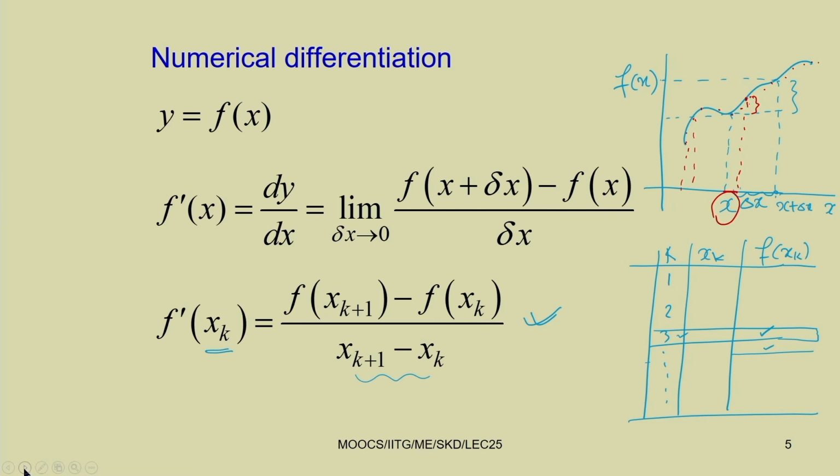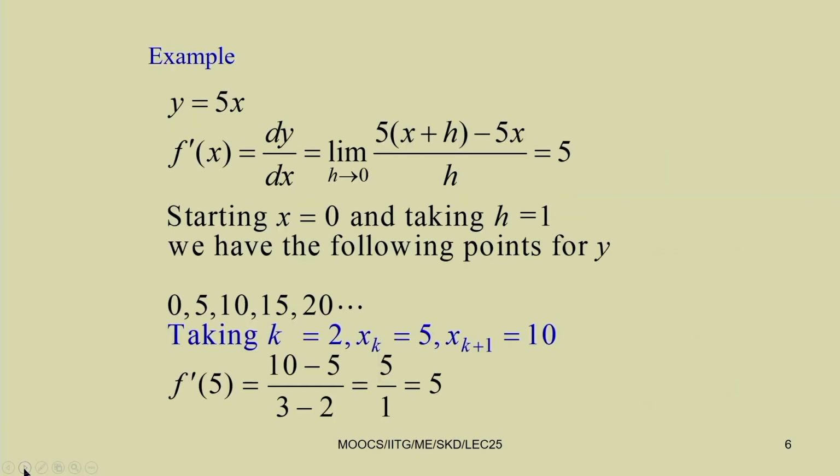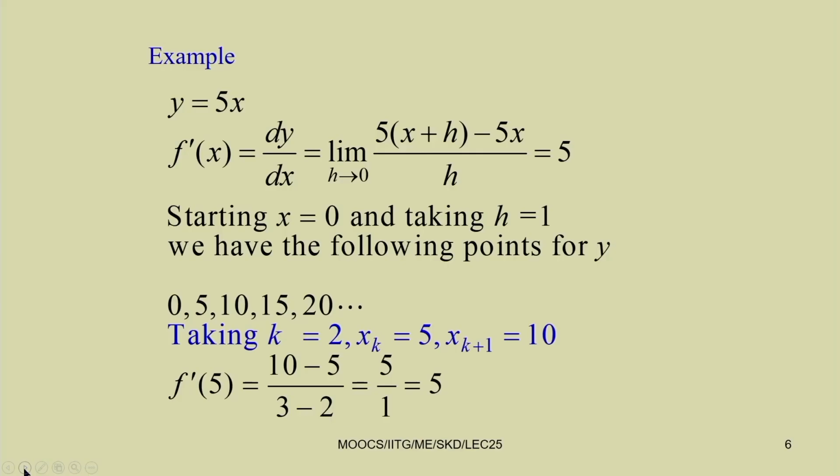If we take a linear function, for example y equal to 5x, all of you know dy by dx will be 5. Let us find it using this numerical method. In this case we can write f dash x equal to dy by dx equal to limit h tends to 0, where delta x is replaced by h here, of 5 into x plus h minus 5x by h.